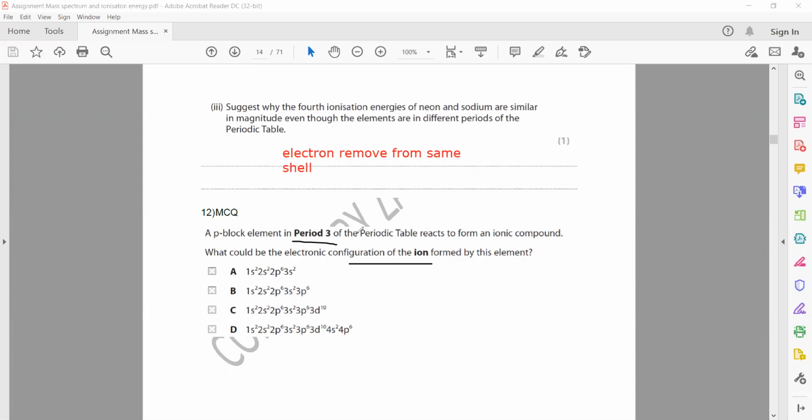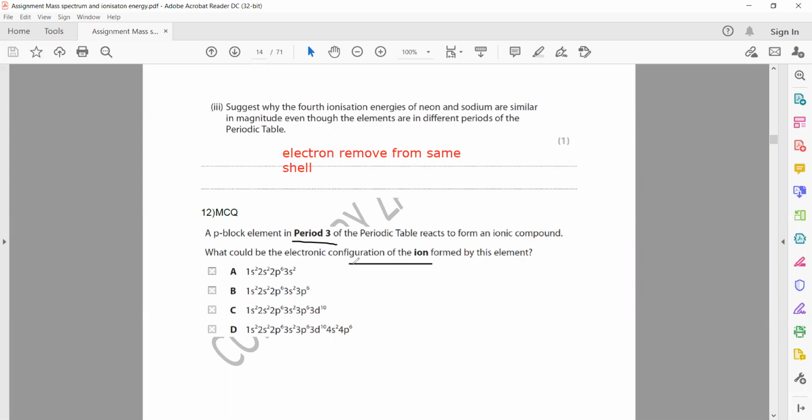So it is a p block element in period 3, and it has lost electrons and is forming an ionic compound.